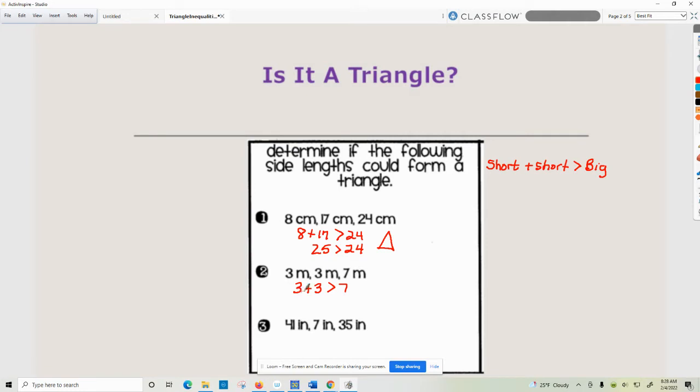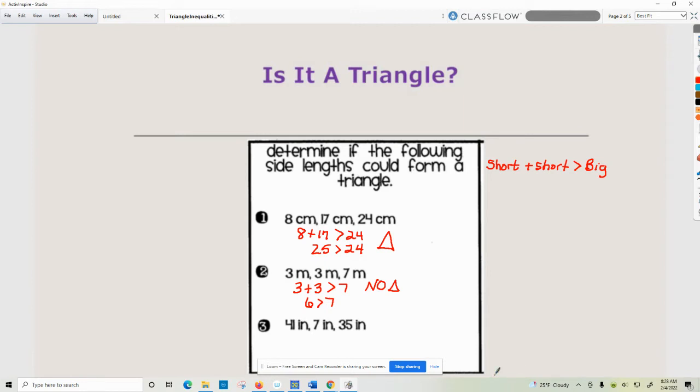If you take 3 plus 3, you get 6. Is 6 greater than 7? And the answer is no. So we do not have a triangle. There is no triangle that I can make with those three sides.